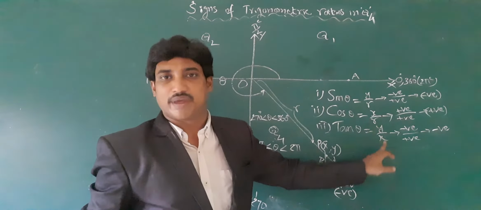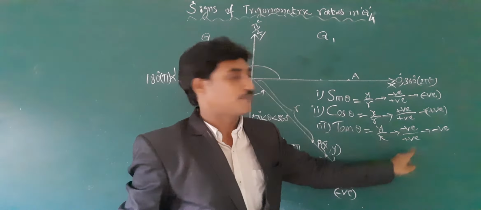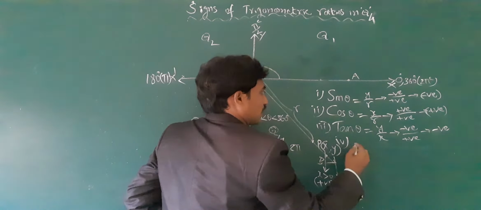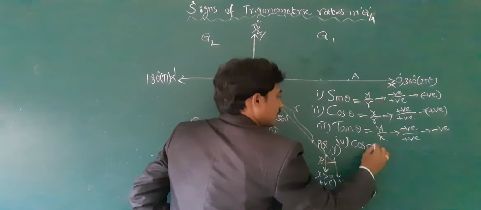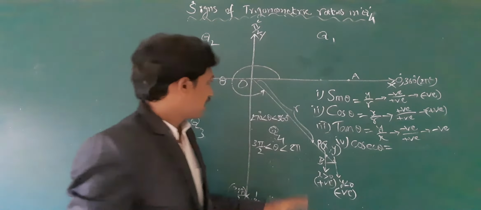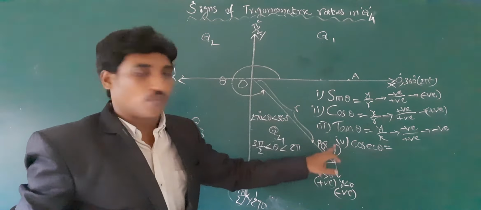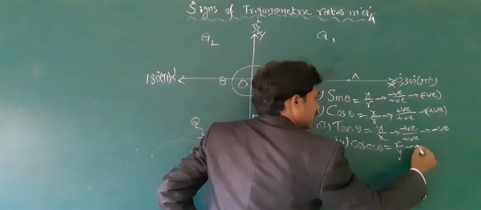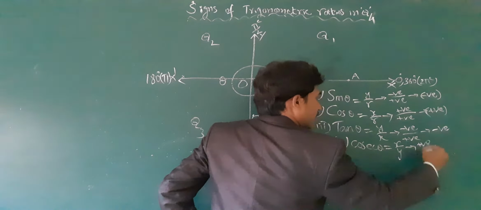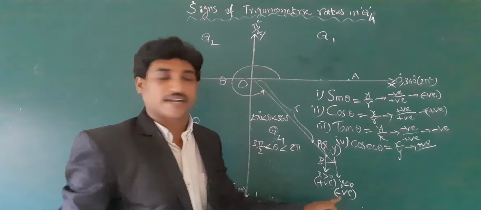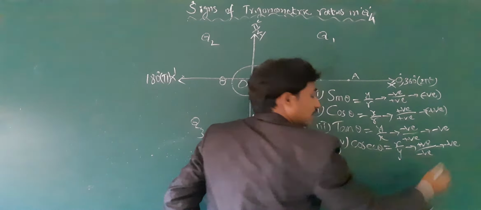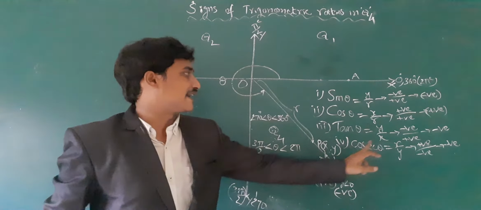Tan theta is negative. Fourth one, cosecant theta. Cosecant theta is r by y, that is r is a positive quantity, y is a negative quantity, positive by negative. So cosecant theta is negative.